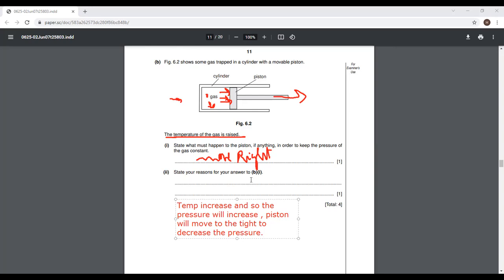That's why the piston moves to the right: because the temperature increased and so the pressure increased. The piston will move to the right in order to decrease this pressure, and so it keeps the pressure constant.